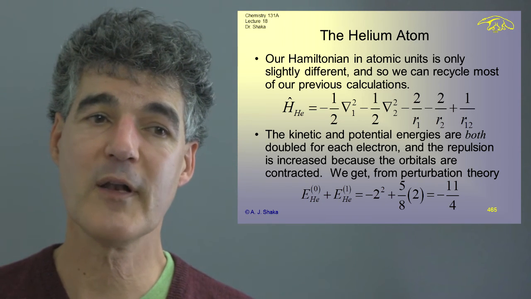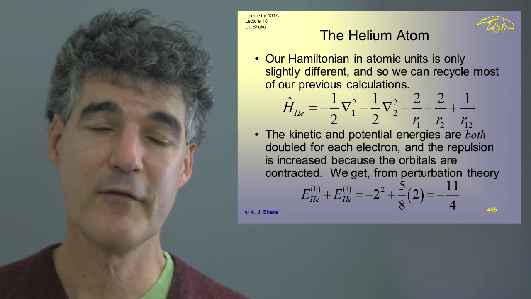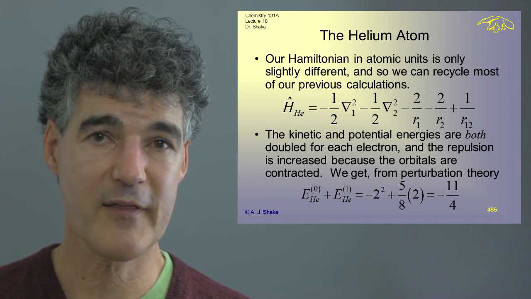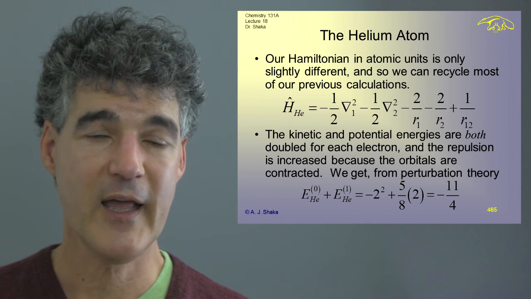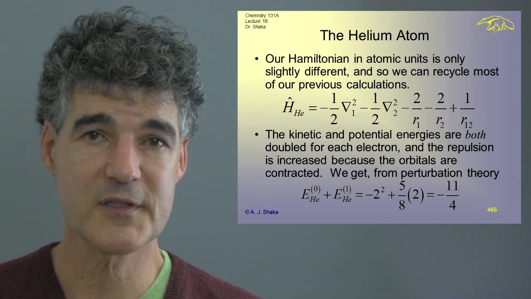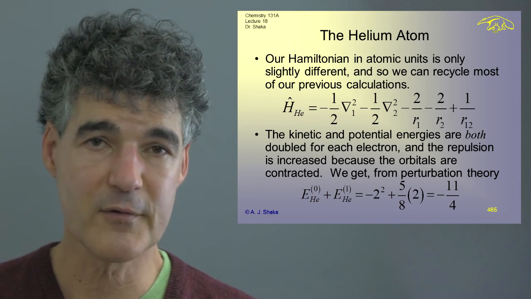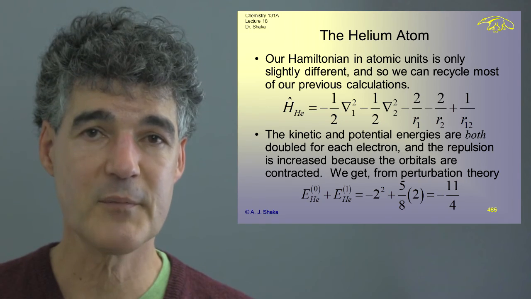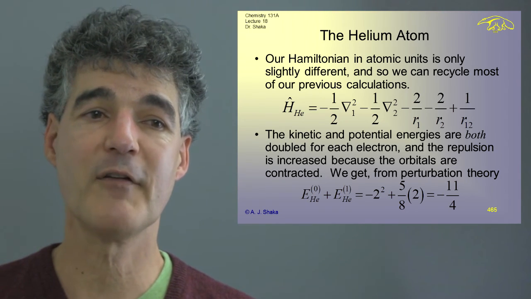So therefore, the total energy of the helium atom, if you follow through the exact same math as what we did with the hydride anion, and you just have this 2 instead of a 1 everywhere through. You can do it very quickly if you just keep track of it. You get minus 11/4.